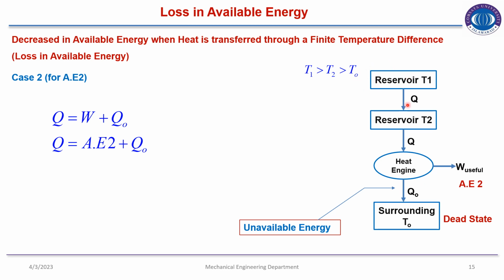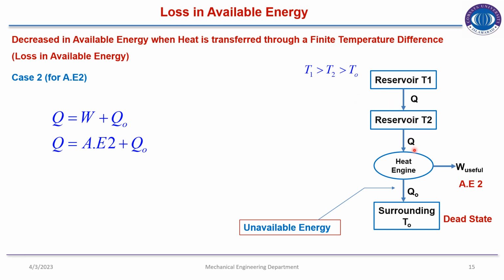Now case 2. Here you see that a certain amount of energy is lost to the ambient, and Q amount of energy enters the heat engine, but now the temperature is reduced. For example, in the last slide the temperature of the reservoir was 100 degrees centigrade, from which heat entered the heat engine.